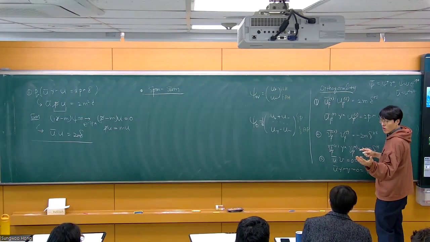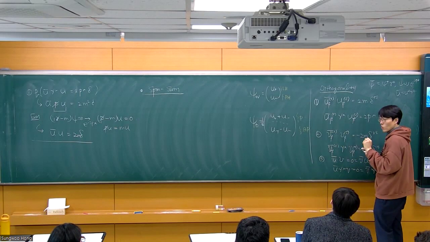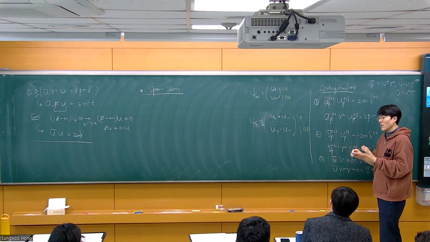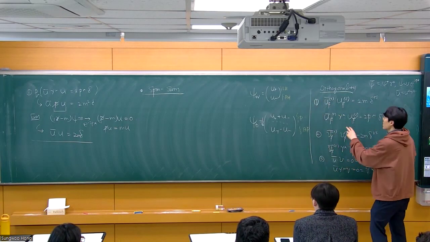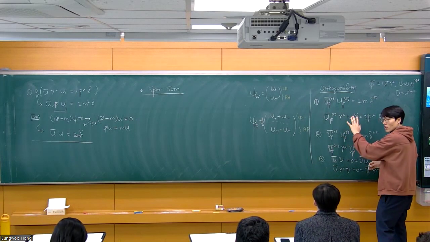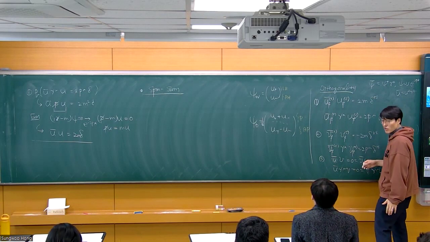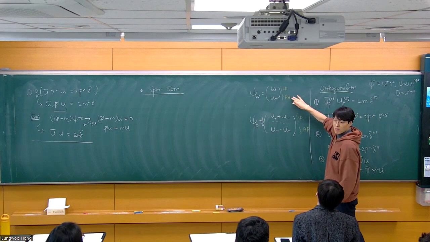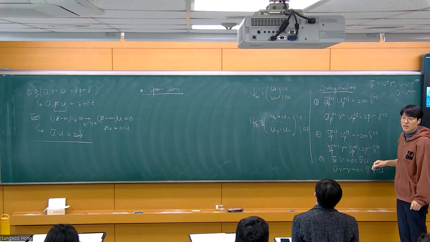And we will talk about it later. Just like this sort of expression is the current for a vector-like symmetry, by which I mean the symmetry acts in the same way on both right-handed and left-handed. Instead, if I have gamma mu gamma 5, then I have another sort of current which describes an axial sort of symmetry, the symmetry that only acts on either left or right, not both. So yes, eventually we will talk about all those.